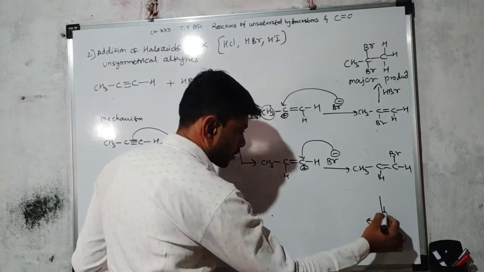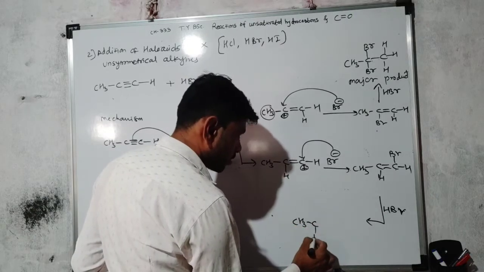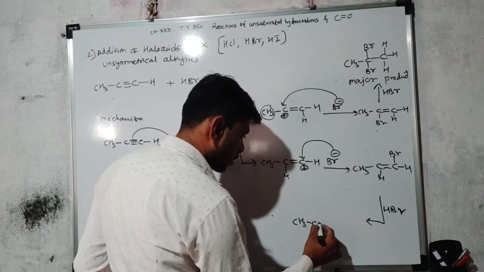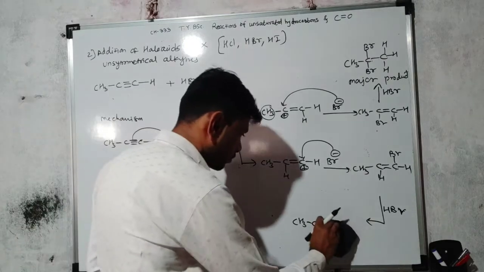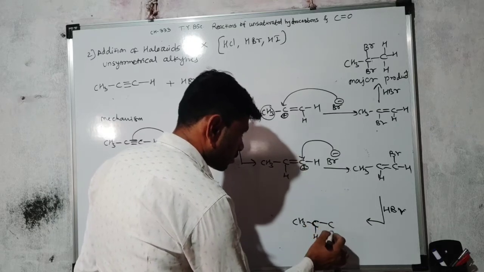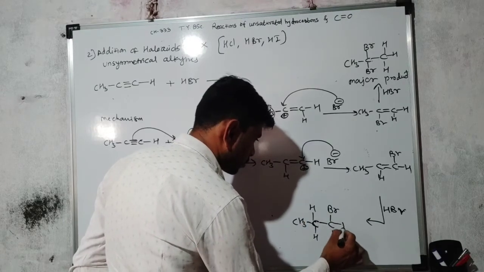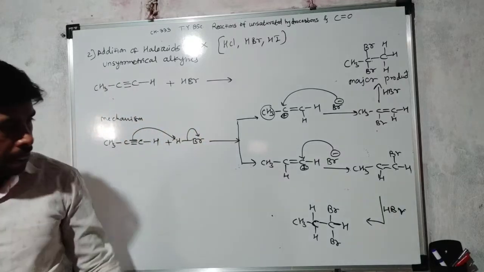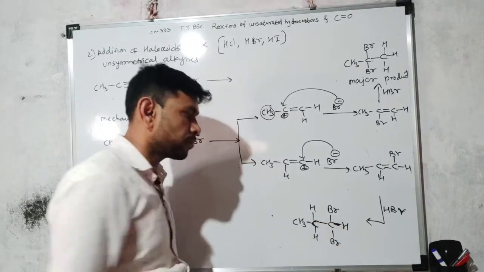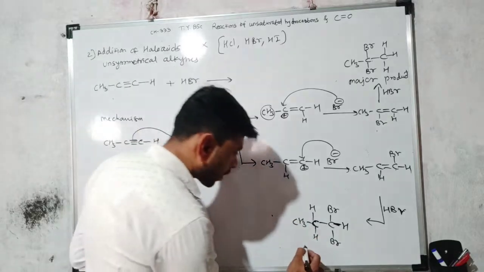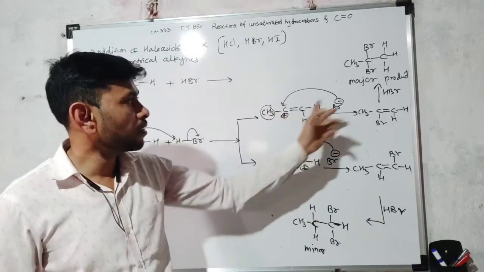In the second step, a second mole of HBr reacts with this, so we obtain CH3 CH single bond CH3 C. Sorry, this one is the minor product, because here we are attached to the less stable vinylic cation. Here, from the more stable vinylic cation, we get the major product.